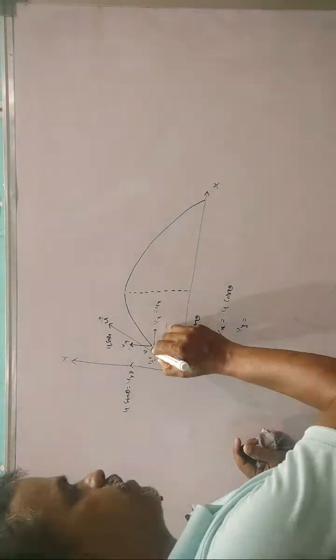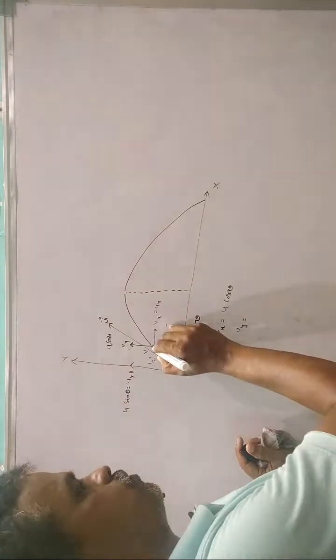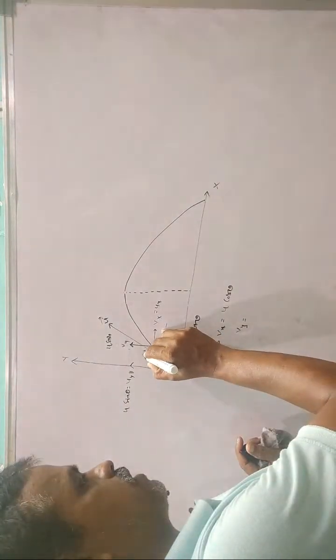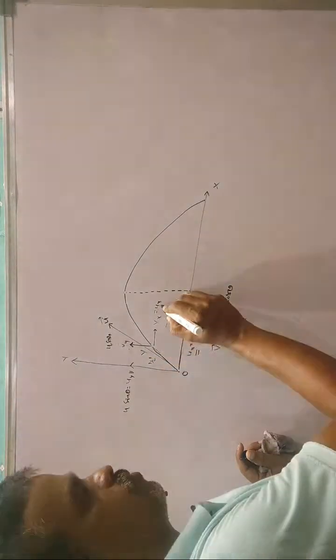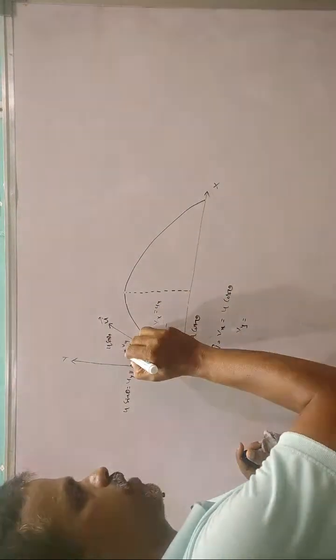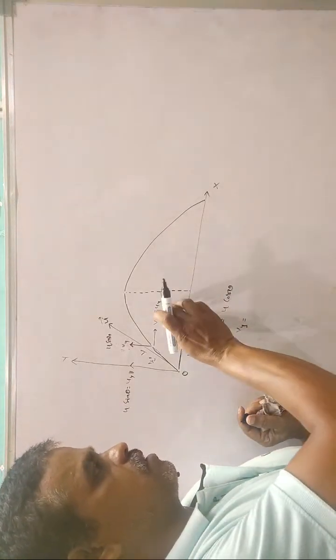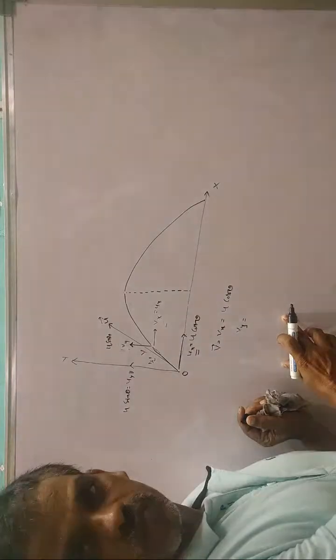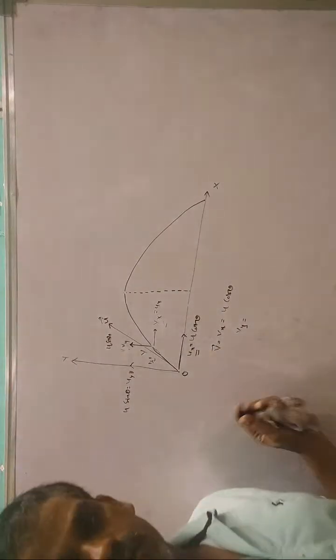After time t, the final velocity, see, it started with the initial velocity u. After time t, the velocity changes to v. At this point, the x component is vx and the y component is vy. So there is no change along the x component. Okay, you just copy it.